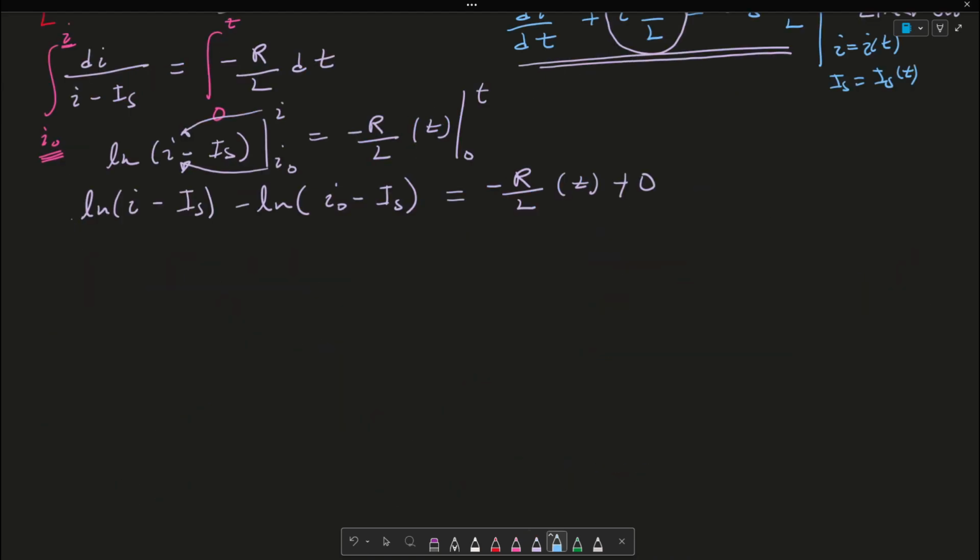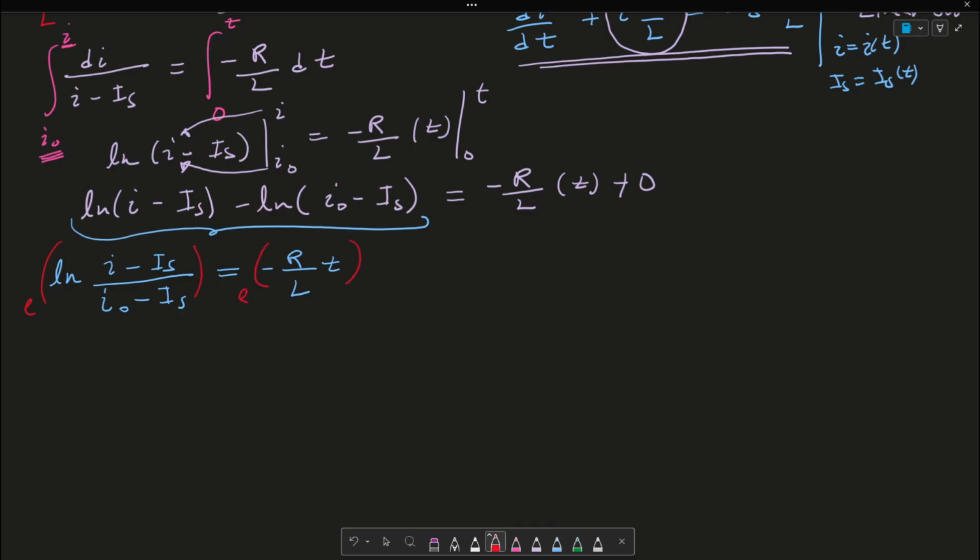So what I want to do is notice that these two ln terms are being subtracted from one another. So I can rewrite this as ln of I minus is over I0 minus is equated to minus R over L times t. And what we can do is take the exponential on both sides to get rid of my ln.